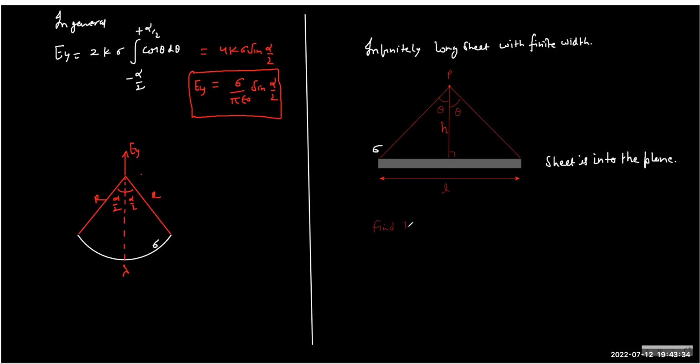Find E_P in terms of H and L, or in terms of H and theta. You can choose whatever you want to express. So please try for a while and then I'll solve this again. Everyone go ahead.